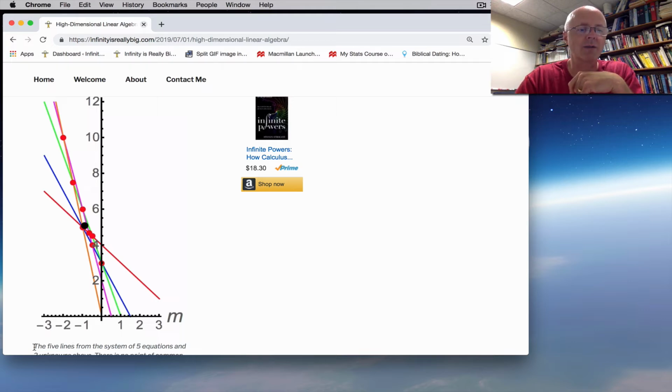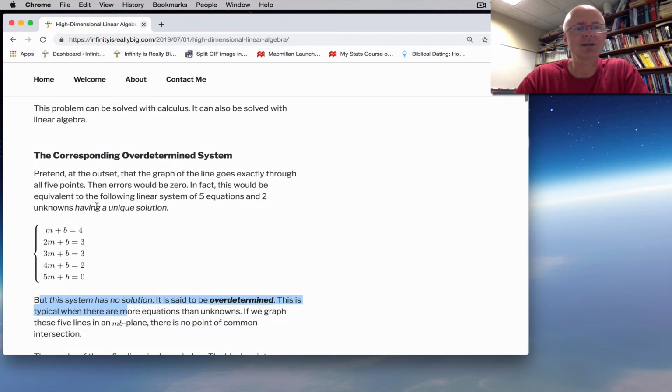And in fact, the red dot right over here at m equals -1 and b equals 5 satisfies 3 equations. You see 3 lines going through that red dot. However, maybe we can sort of average those red dots' coordinates and get another dot, this black dot here, that is sort of the best answer, almost solving the system of equations as close as possible. That's the intuition about what we're trying to do here.